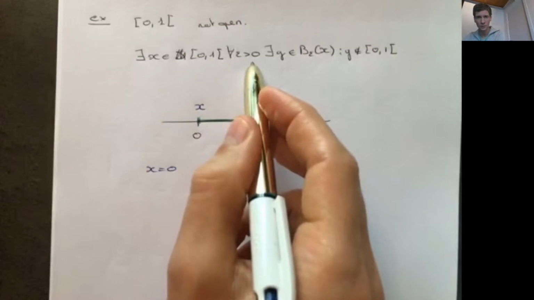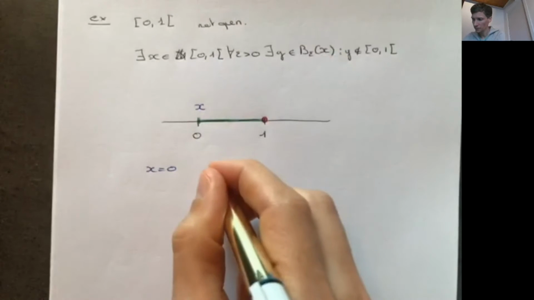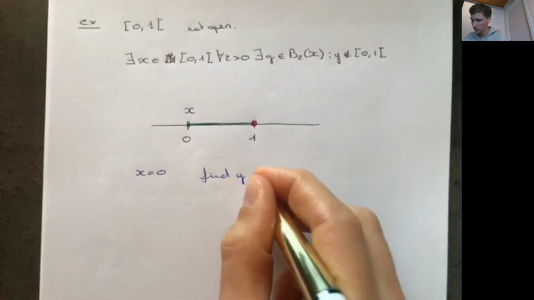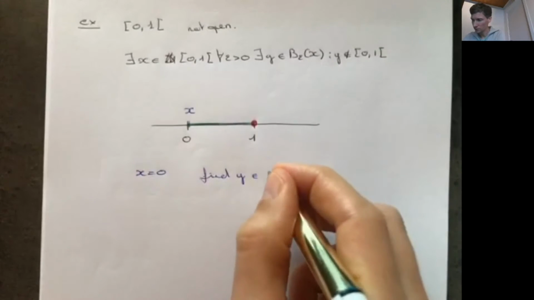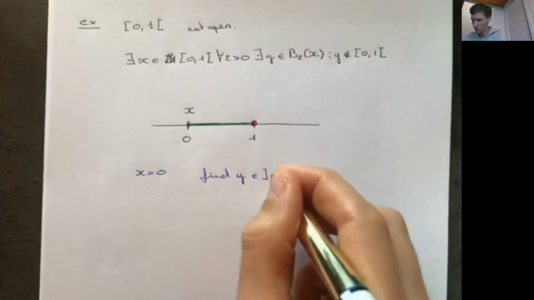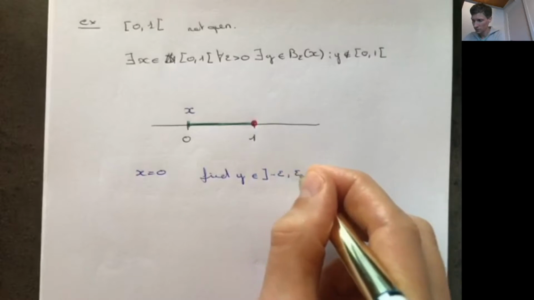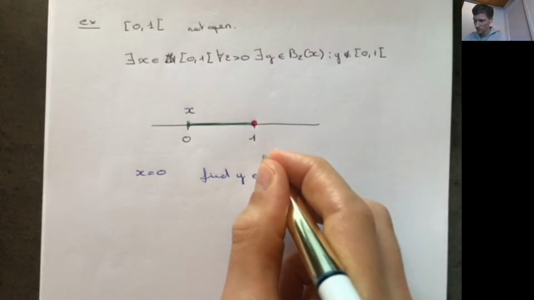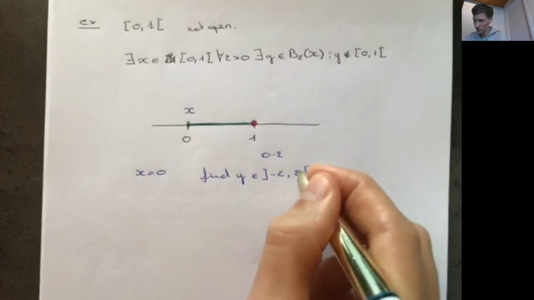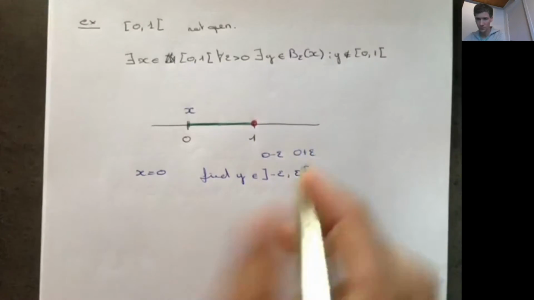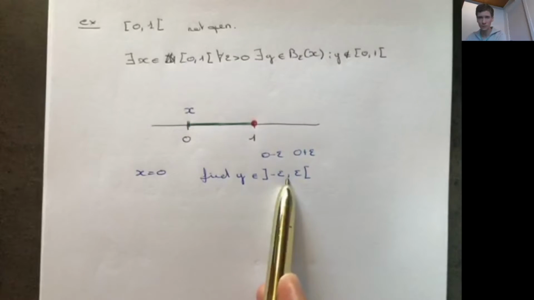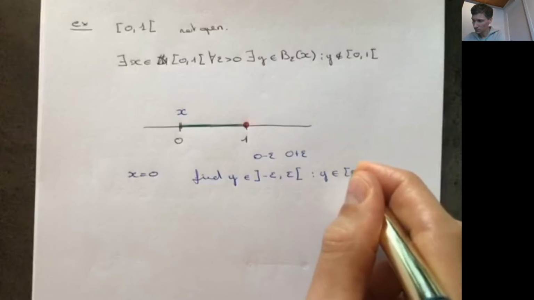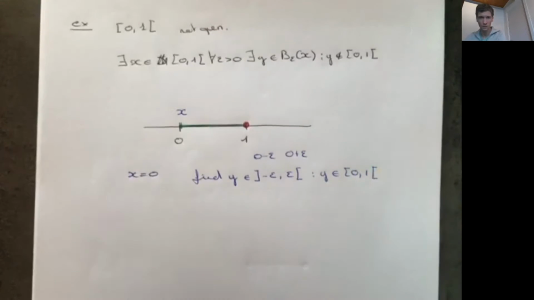Now for any epsilon, I have to find a y. Find y in, so x is 0, so this is now the open interval (minus epsilon, epsilon). So this is 0 minus epsilon, and this is 0 plus epsilon. I have to find a y in this interval such that y is not in [0, 1).